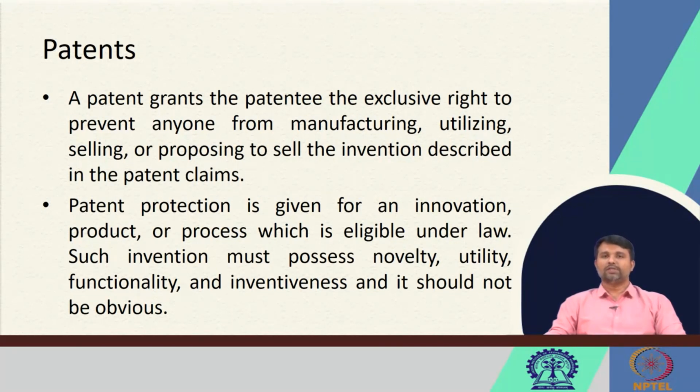Then the patent office will scrutinize the application and see whether it is satisfying the eligibility criteria. If it is satisfying the eligibility criteria, it will be considered for grant of the patent after following due procedure. Such an invention must possess novelty, utility, functionality and inventiveness, and it should not be obvious.